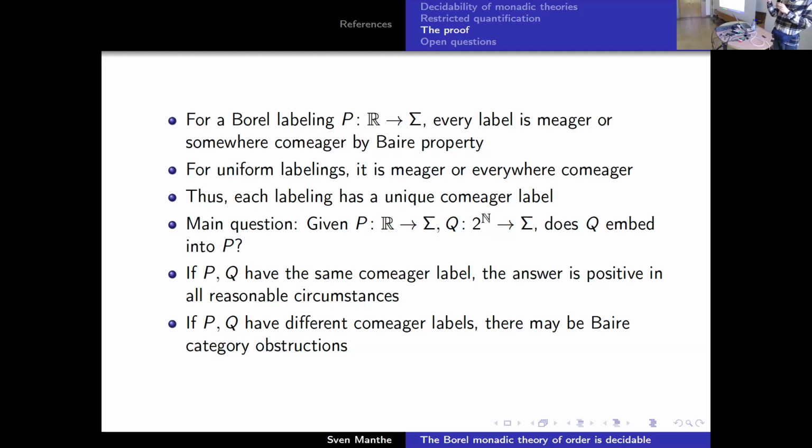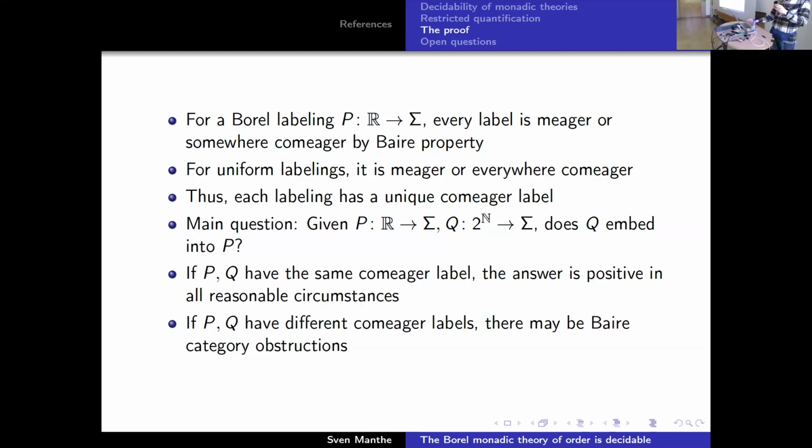So if we stick to uniform labelings by those methods, then our label will be either meager or everywhere comeager, because we know that being comeager is definable in the theory and doesn't need to be the same on every interval. And so there will be a unique comeager label. Of course, there can't be two by topology.